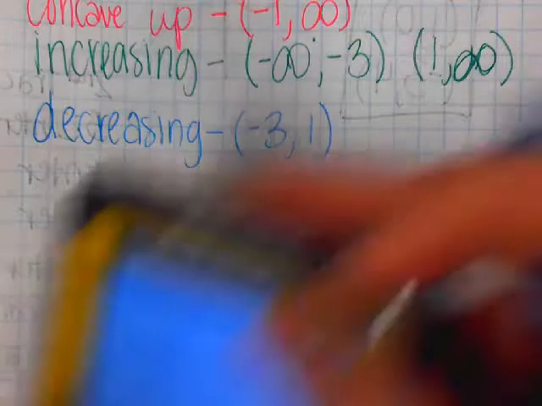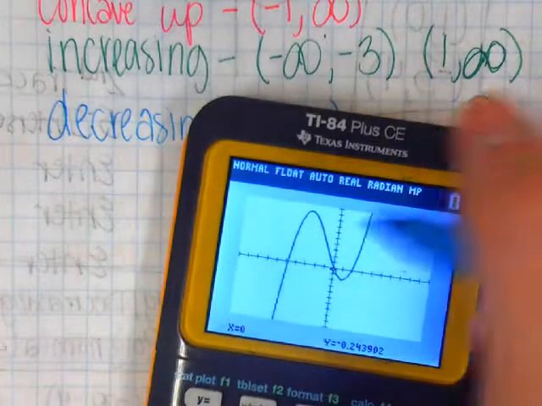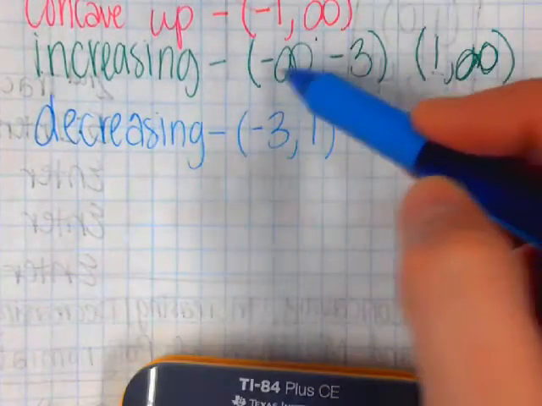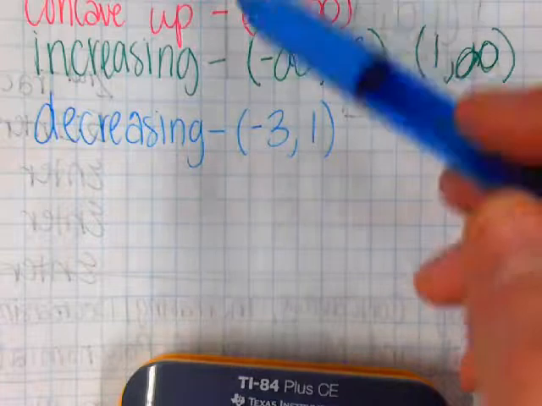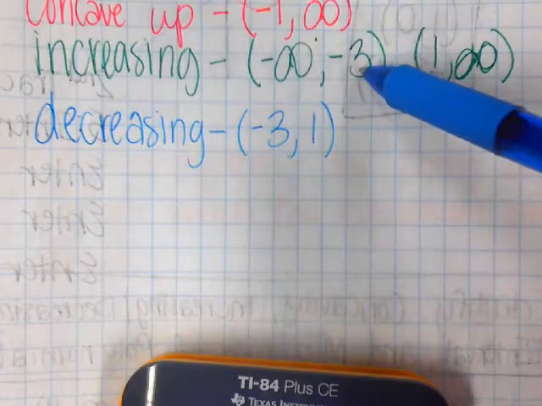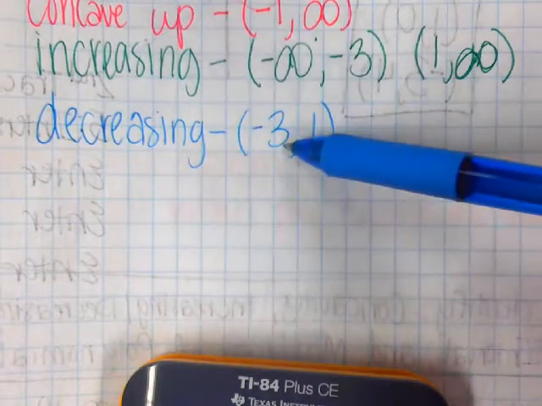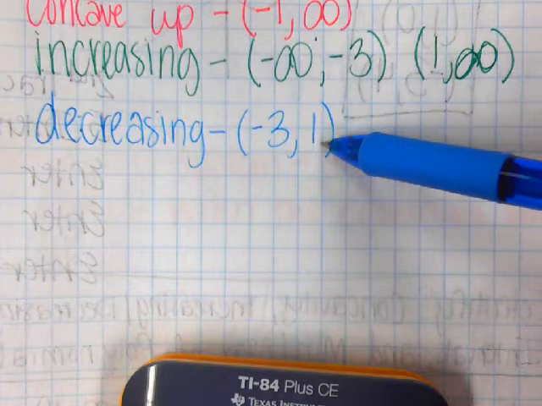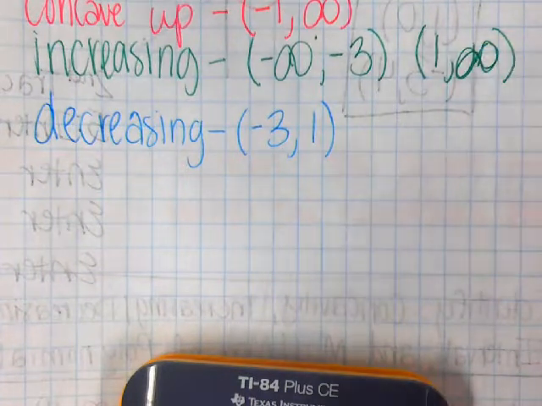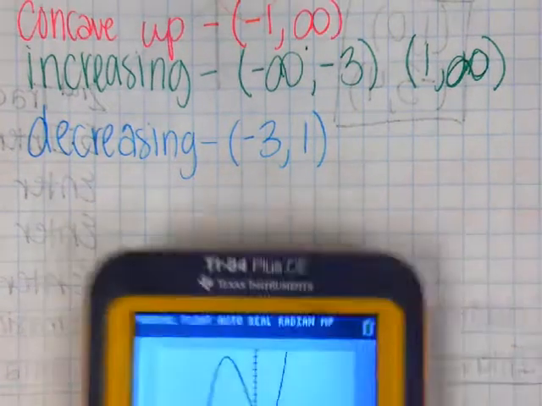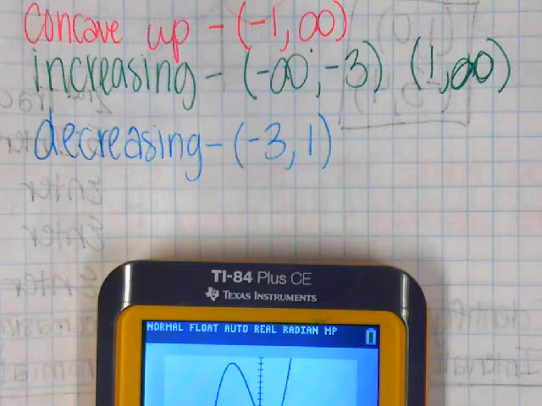Okay, the function is always either increasing or decreasing. I guess the only time it wouldn't is if it was just a straight across line. But typically you should have all intervals covered. So from negative infinity to negative 3, it was increasing. Well, then it's going to switch to decreasing, so negative 3 to 1. And then from 1 to infinity, it increases again.